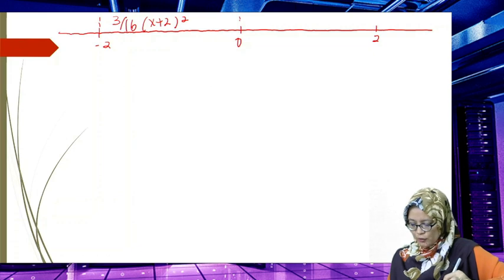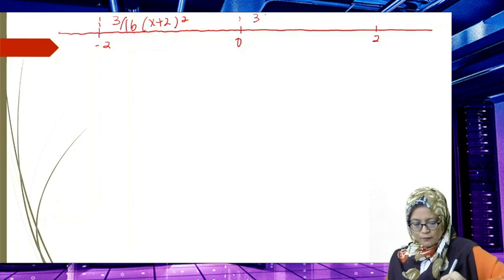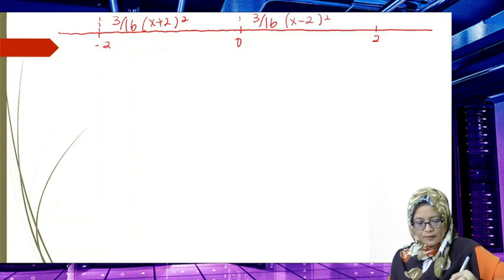For 0 to 2, the function is 3 over 16 (x minus 2) square. Then other than that, the function is 0.